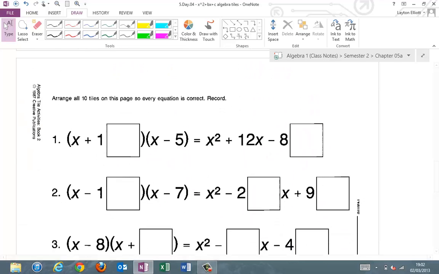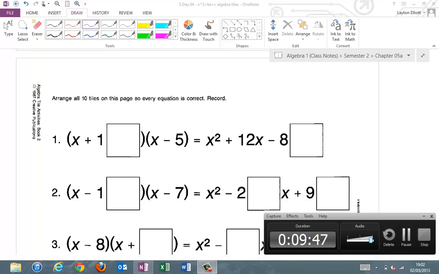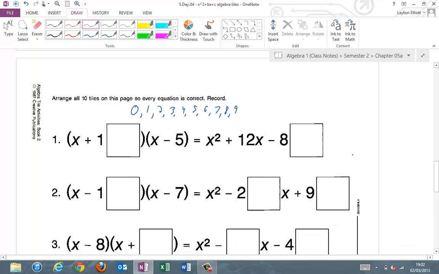Next page, I have, okay, this seems to reverse it now. Again, let me write the digits up top. I have x plus something and x minus 5, and I wanted to get to 80 something. So let's try 5 times, let's see, 5 times 12 is 60. 5 times 13, 5 times 14.